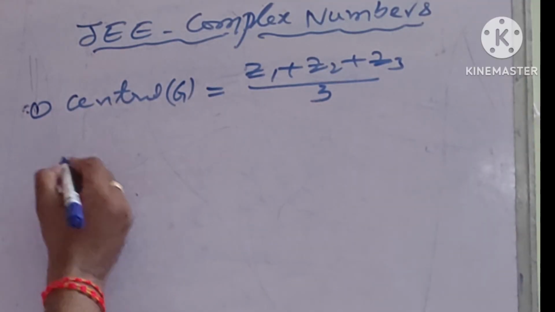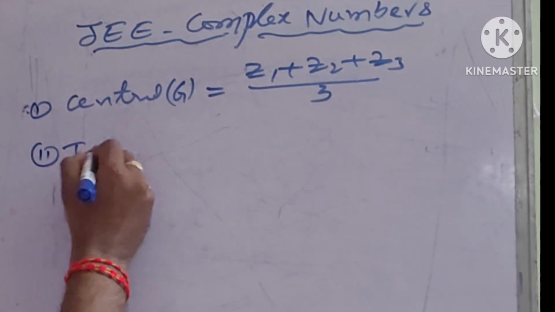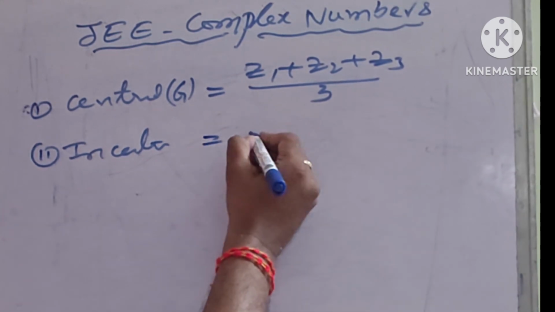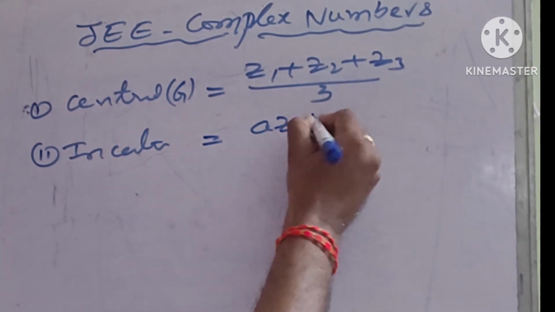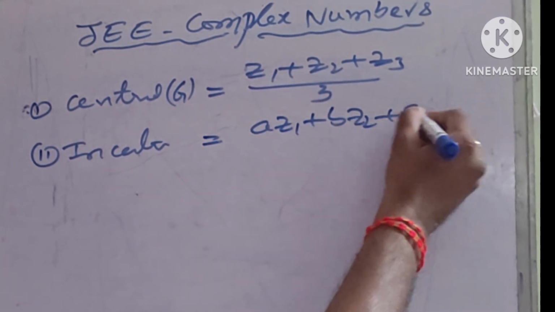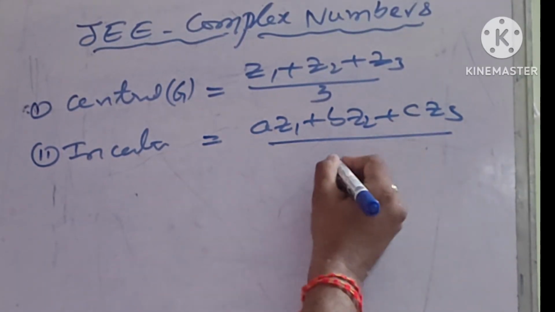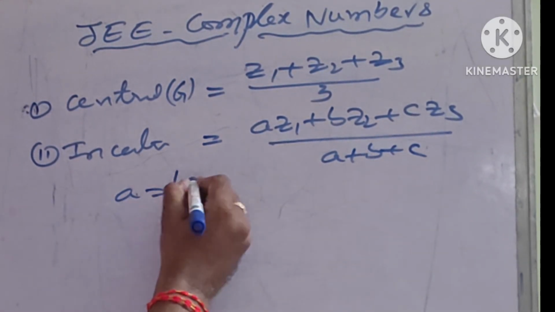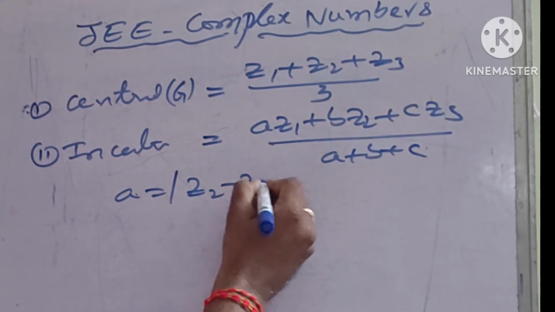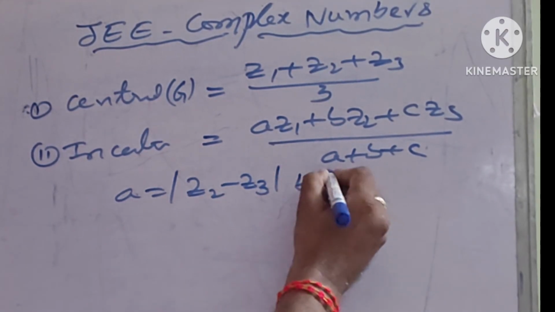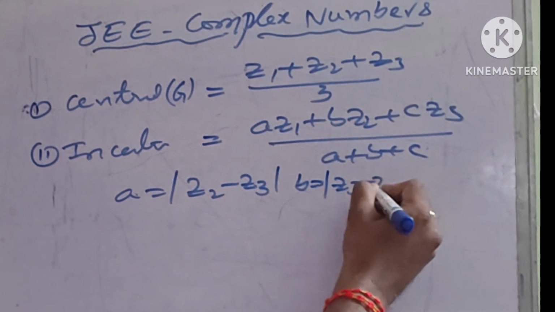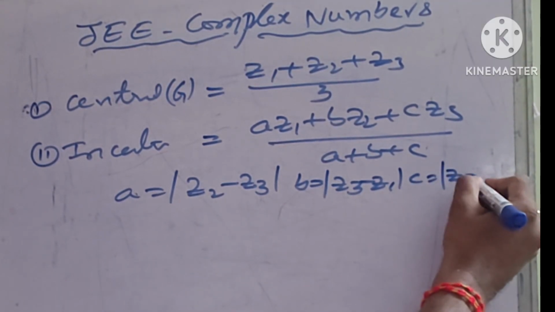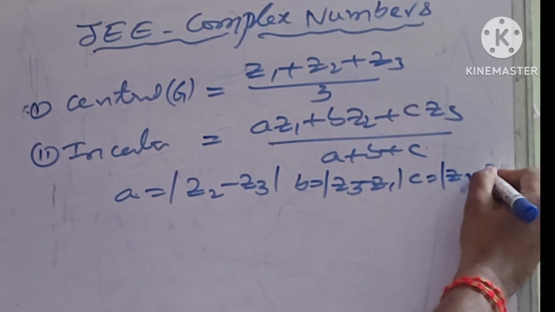Next, the incenter. The incenter is equal to (a z1 plus b z2 plus c z3) by (a plus b plus c), where a is equal to modulus of z2 minus z3, b is equal to modulus of z3 minus z1, and c is equal to modulus of z1 minus z2.